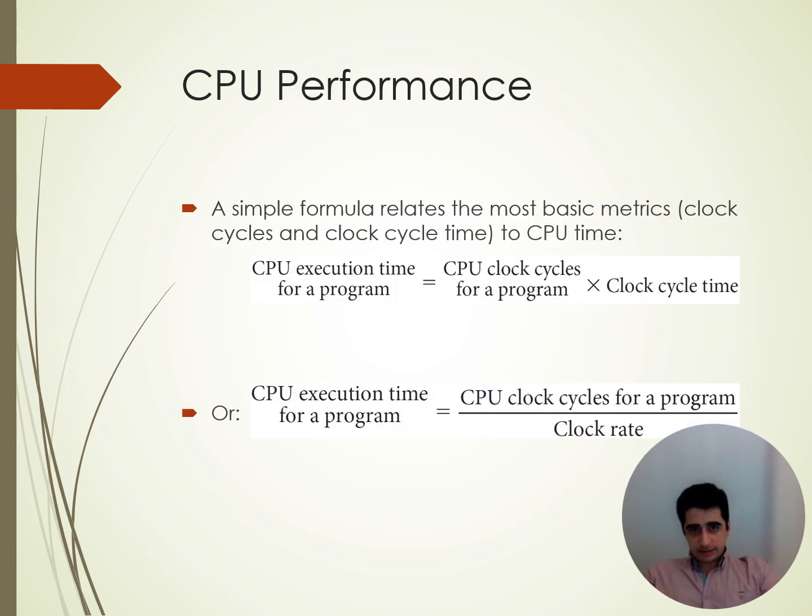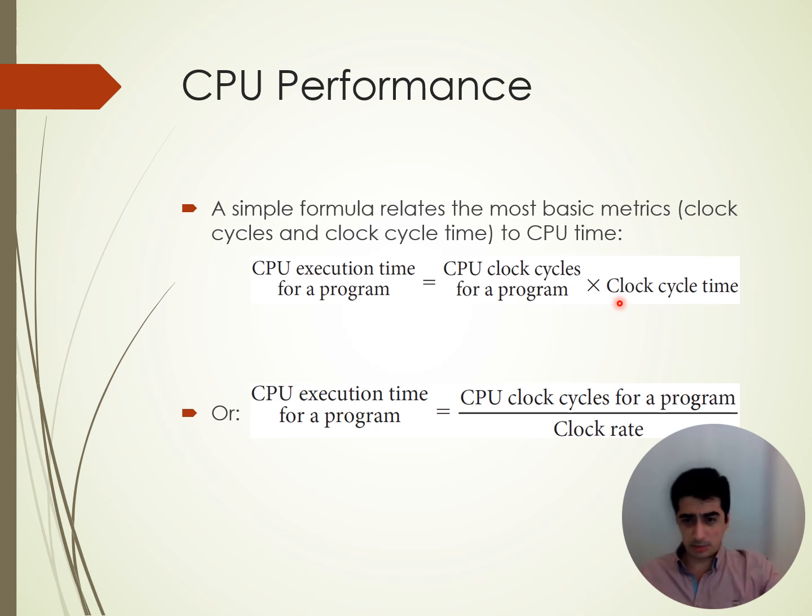All right, so here is a very simple formula to measure CPU performance. The CPU performance can be measured in different ways and with different formulas. The simplest of them is this simple formula, which says if you want to measure the CPU time or CPU execution time for a program, all you need to do is to calculate the number of CPU clock cycles that we need for a program, and then multiply that by the clock cycle time of the CPU.